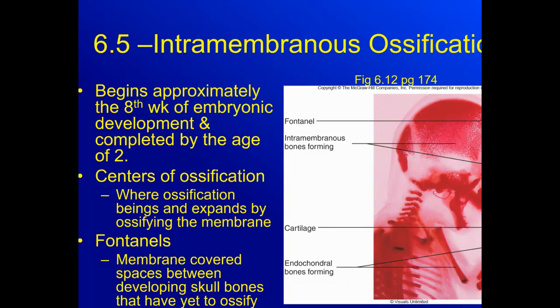It's completed by the age of 2. I'm sure you've seen a baby's head and it's got soft spots, right? You've got these centers of ossification where ossification begins and then starts to expand. If you think about Resident Evil, any commercial of Resident Evil, they show those red dots and then it starts to spread out, kind of like coronavirus. That's kind of what we're talking about.